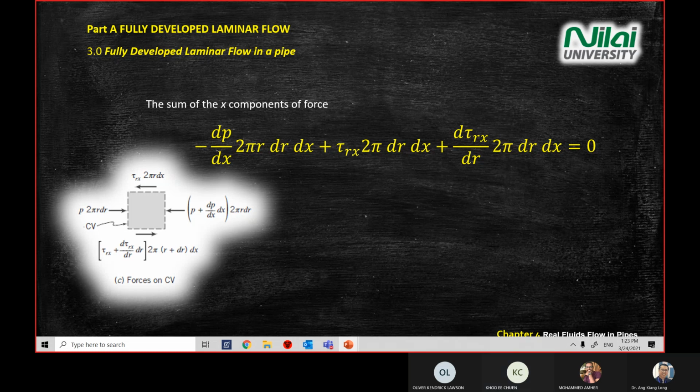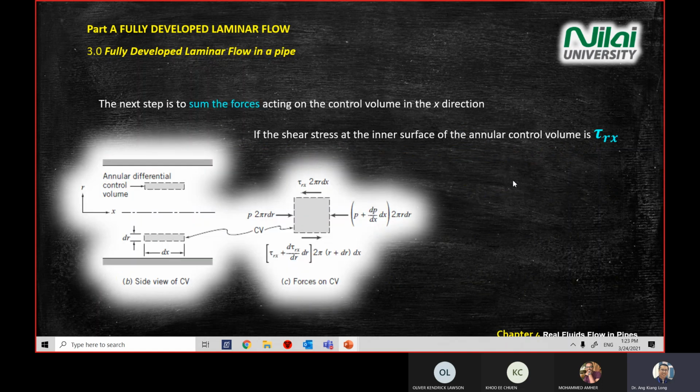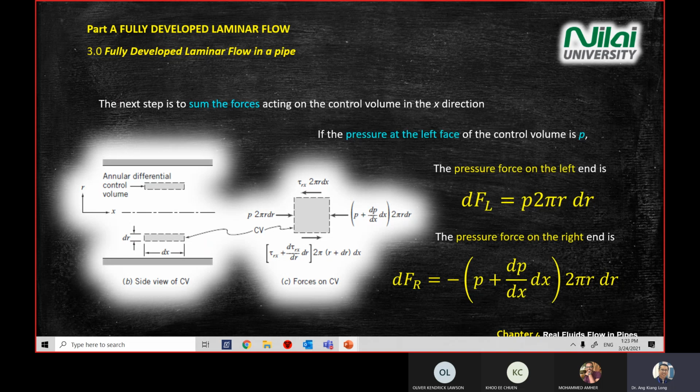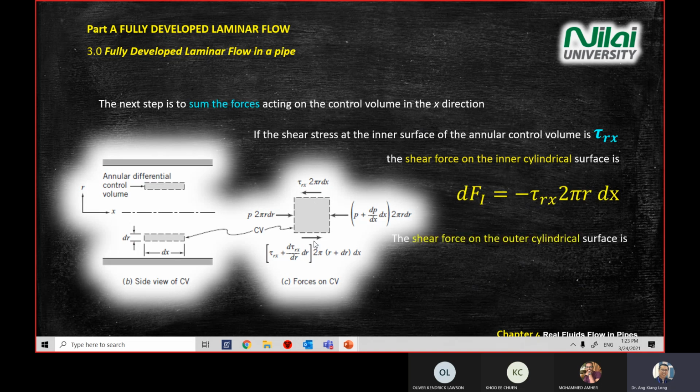You have 4 forces. I explained about the force on the left, the force on the right, the force on the inner surface, the force at the outer cylinder.